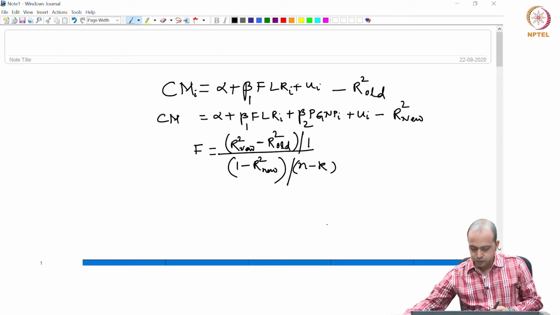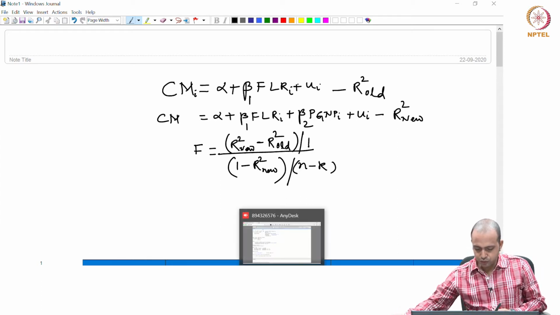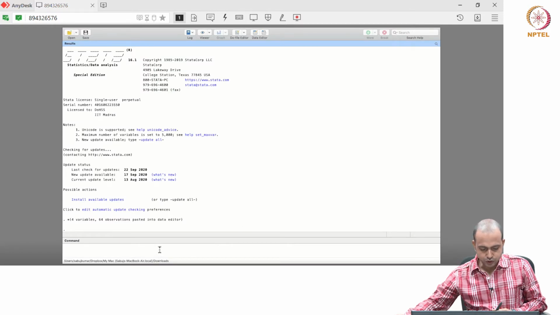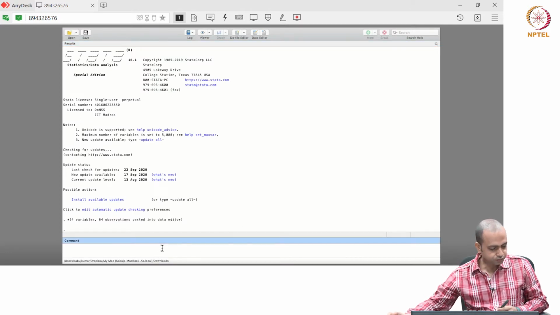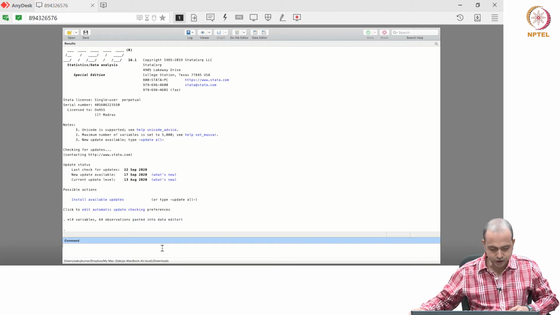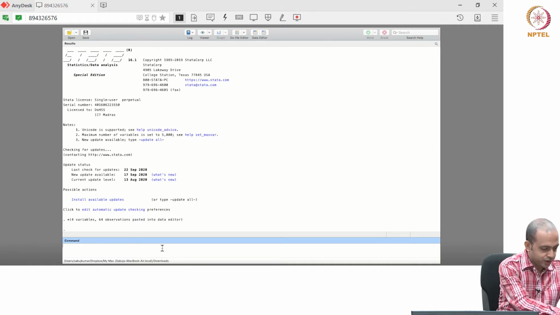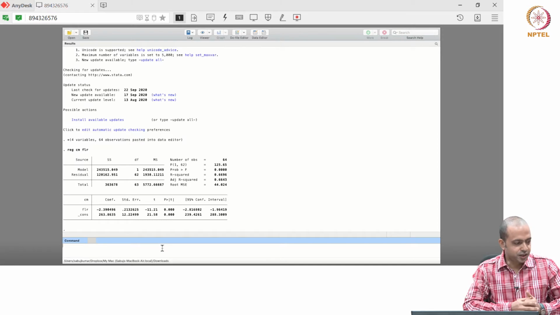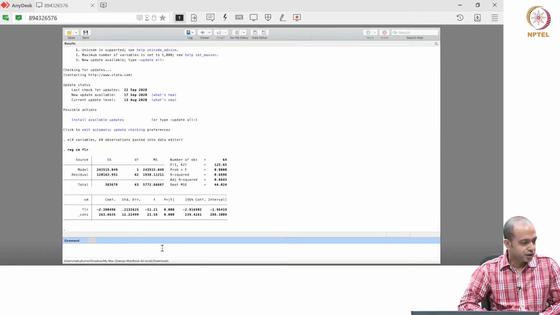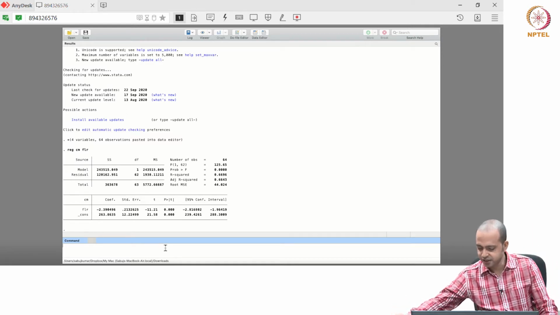Now I will show you how to estimate the model. Here, I will run the first model, reg CM on FLR, and if you look, the R square value is 0.6696.